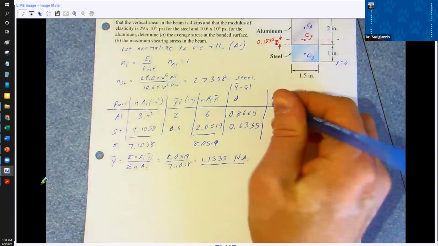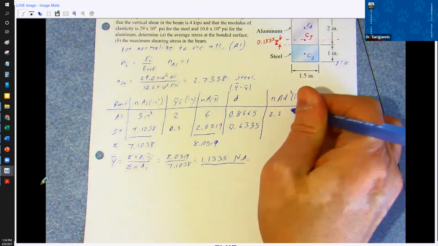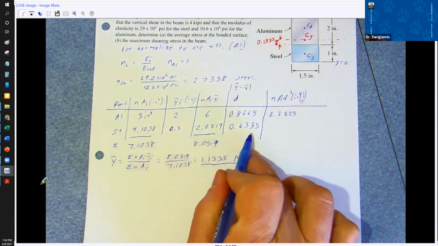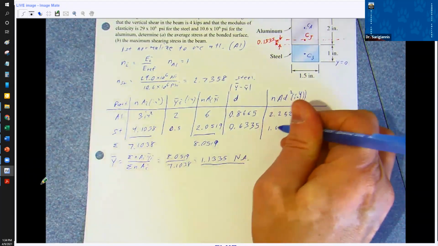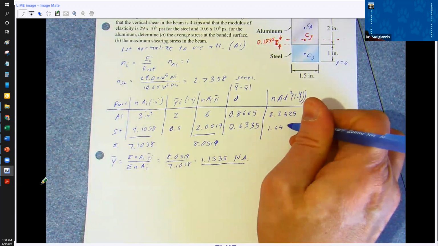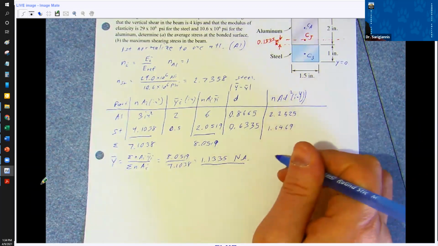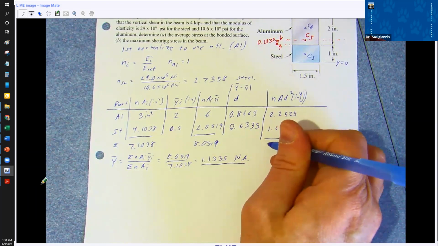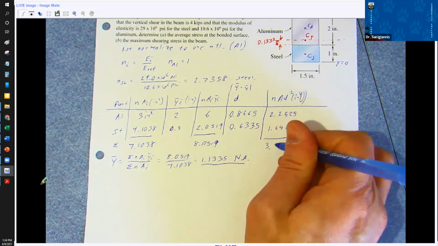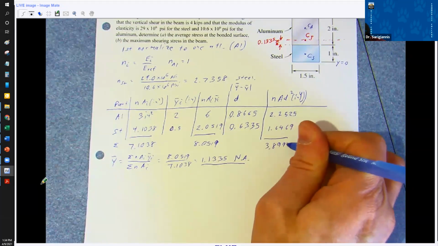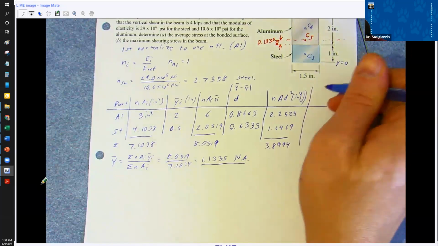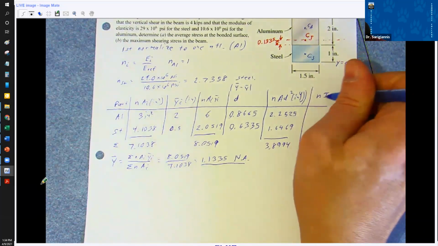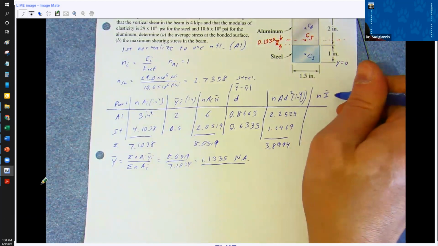So for this value we're going to get 2.2525, and then here we're going to get 1.6469. The sum of all this is 3.8994. Now let me do N I bar.